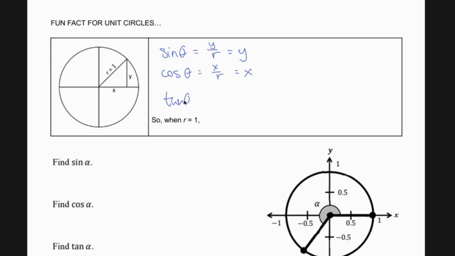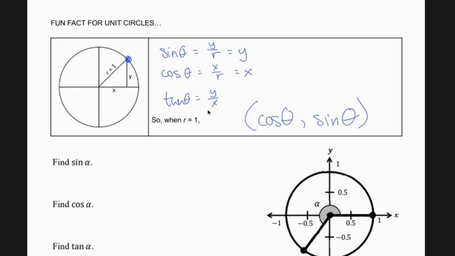Tangent theta doesn't change. So basically, whatever that point is, if r is 1, I could say that x is just cosine theta and y is just sine theta. And the tangent is just the slope.